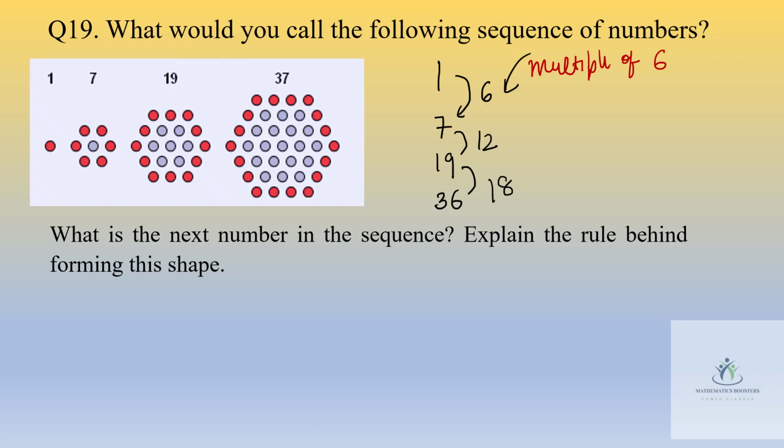What shape are they giving you? 1, 2, 3, 4, 5, 6. It is giving you 6 sides, hence what would you call? This is a hexagonal sequence.